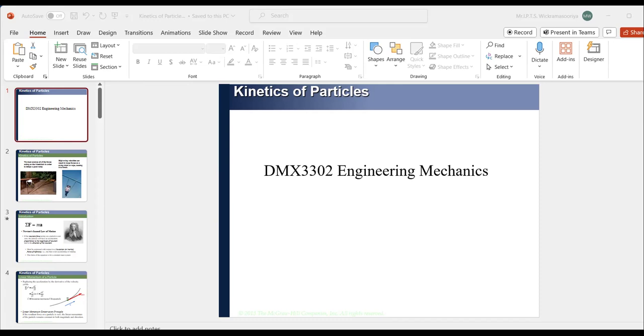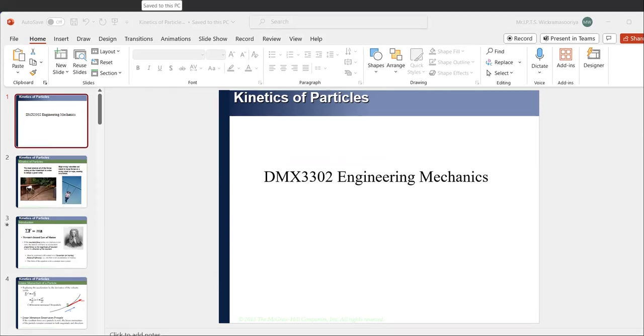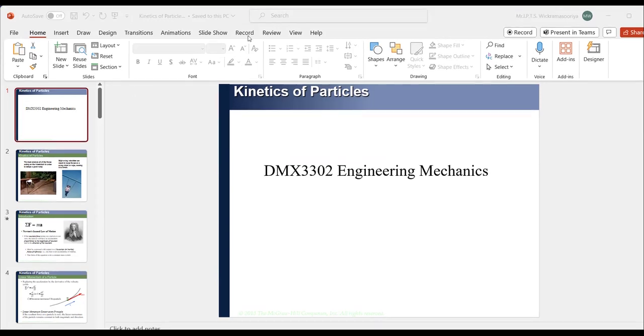Remember that in mechanics, when you talk about a particle, it will be a point with a mass. Can you think of practical situations where we can assume the motion of certain things as the motion of a particle?